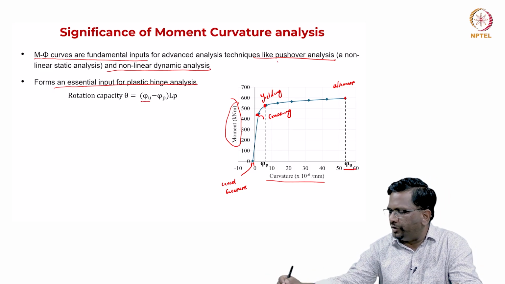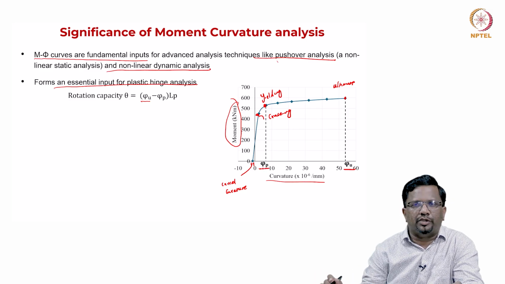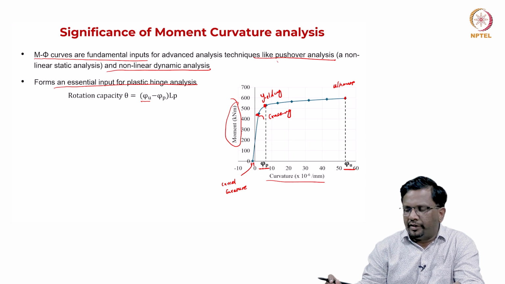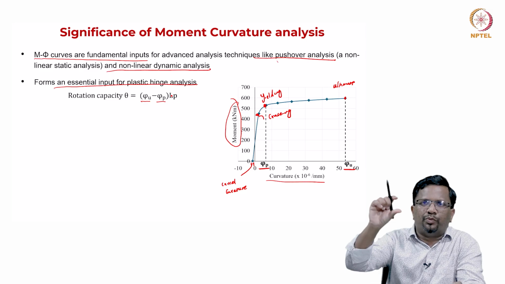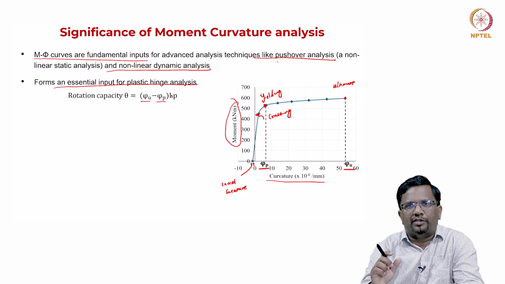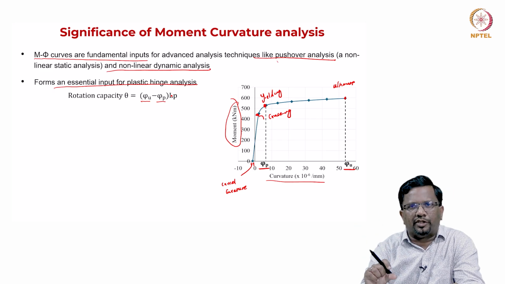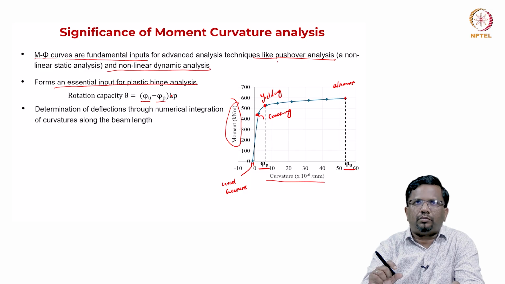So, this is your phi u, and then you have the curvature corresponding to the onset of plasticity, which is nothing but your yielding. So, this is phi p, and then the region over which the section is actually yielding, that is called plastic hinge length. So, when you multiply that, you understand what is the rotation capacity of that particular region, right.